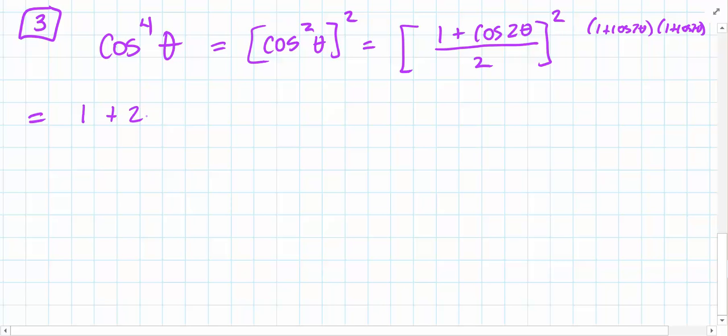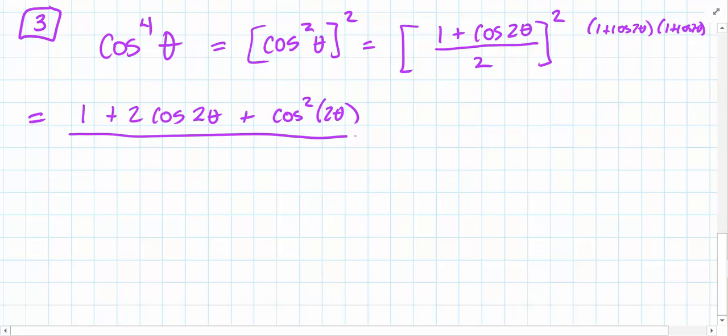So 2 cosine 2 theta plus the last thing squared, cosine squared of 2 theta. All divided by the denominator squared, which is 4. All right, so more heavy algebra stuff. Everybody see where my numerator comes from?